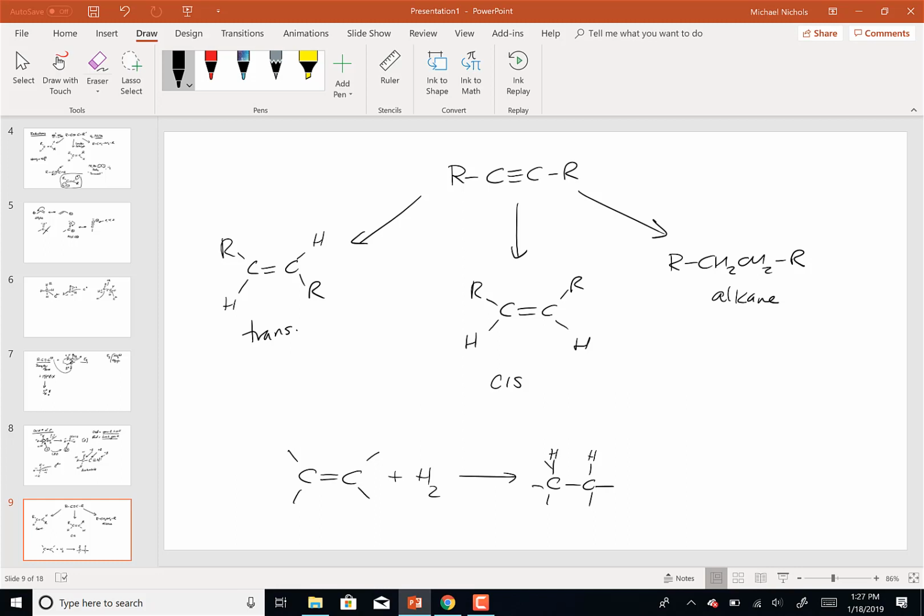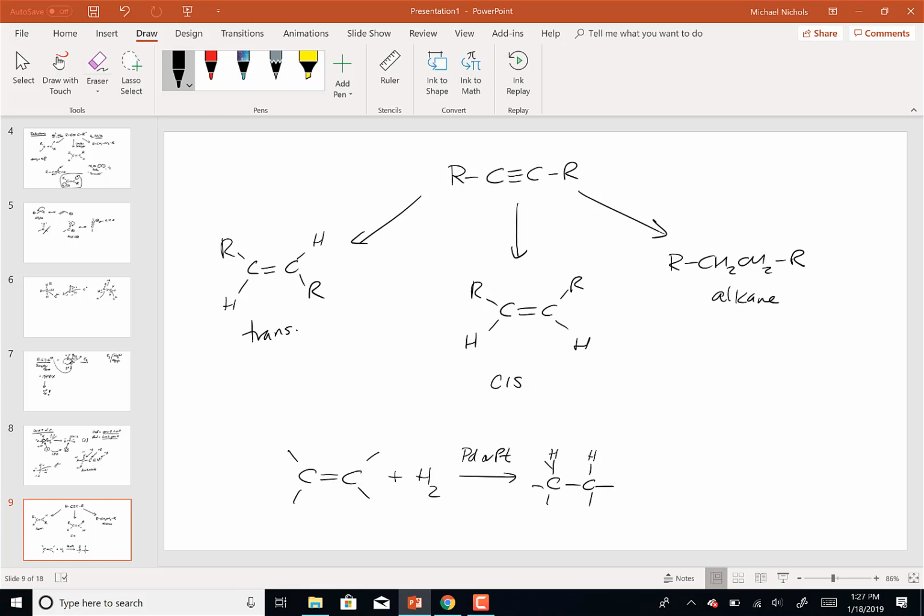Palladium, Pd, or platinum, Pt. So we used either palladium or platinum as our metal. And so we added the hydrogens 100% cis, as I've drawn here.